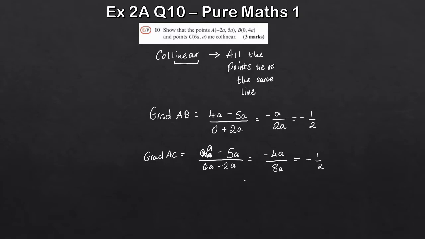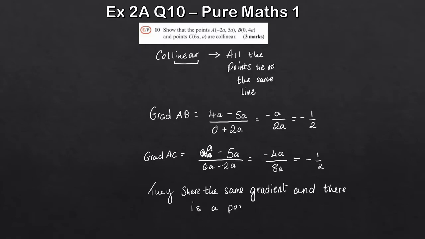And that's the good news here. We should have hoped to find that these 2 line segments, the gradient of AB and the gradient of AC, are the same gradient. So they share the same gradient. And we also need to make clear that there is a point in common between the 2 line segments.